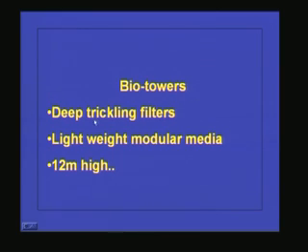Biotowers are nothing but deep trickling filters, and the attached medium we are using is lightweight modular media, so we can go up to 12 meter height. Biotowers are nothing but a high rate biotrickling filter with a height of 10 to 12 meters.